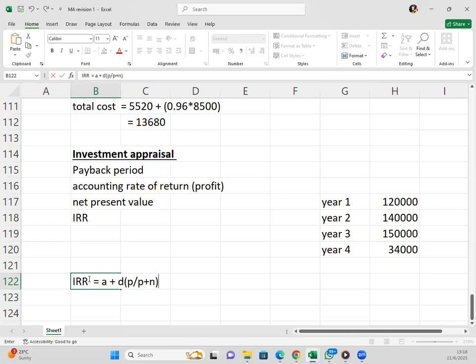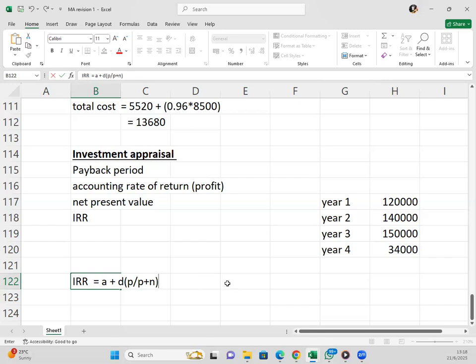This is the formula for IRR. So it says the rate giving us a positive NPV, plus the difference in rates, then open bracket, the positive NPV over the positive minus negative NPV, which becomes the positive plus negative. The original formula is a negative, but since the negative NPV will also be negative, it becomes a positive.